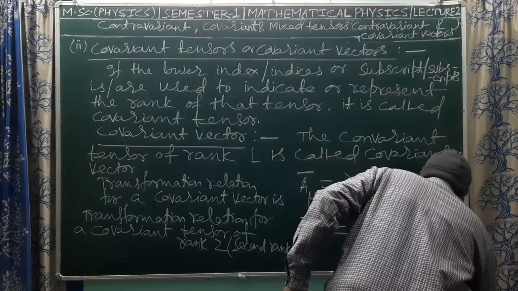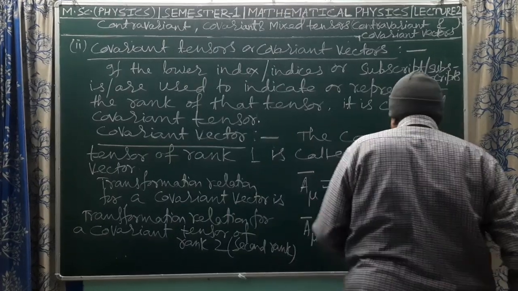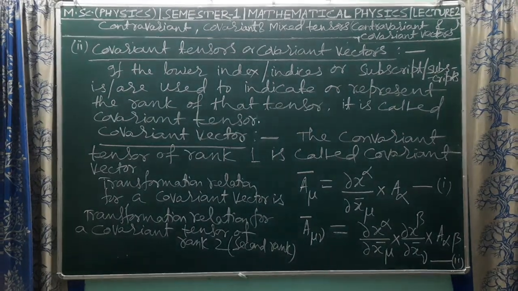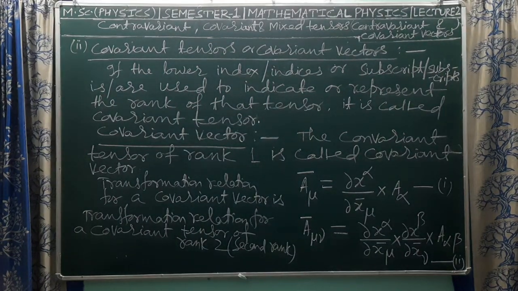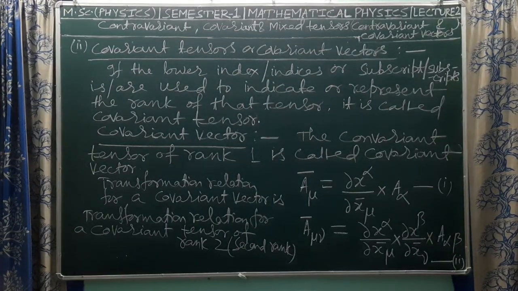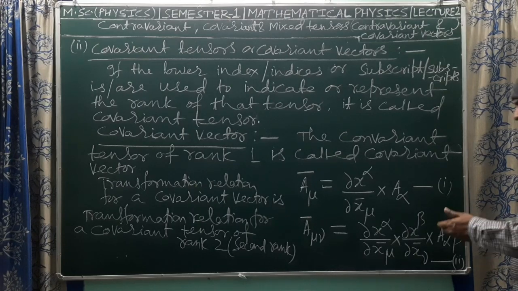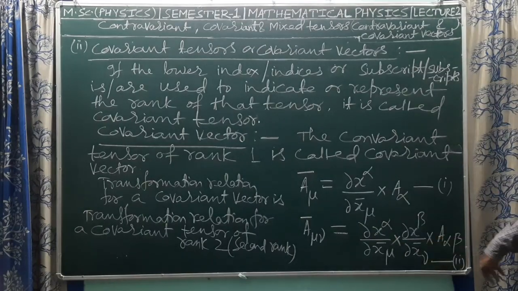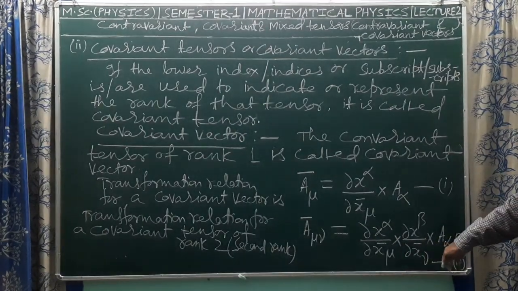Suppose it is equation number 2 for this case, that is for covariant vectors or covariant tensors. Similarly, we can write the transformation relation for a covariant tensor of more than rank 2, that is rank 3, rank 4, expressed in a similar fashion as in equation number 2.